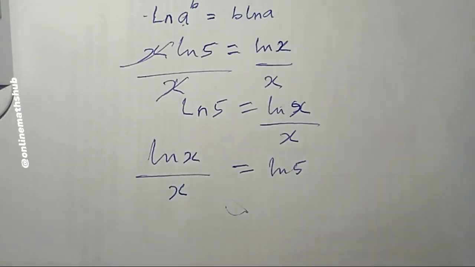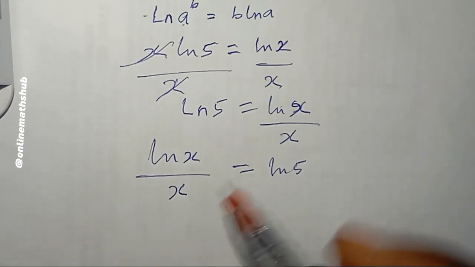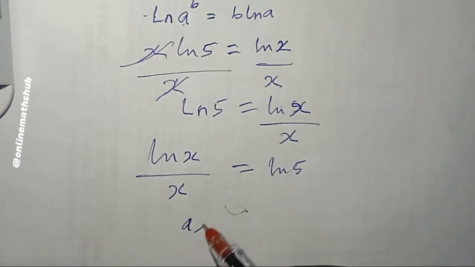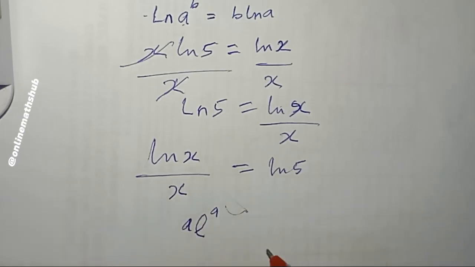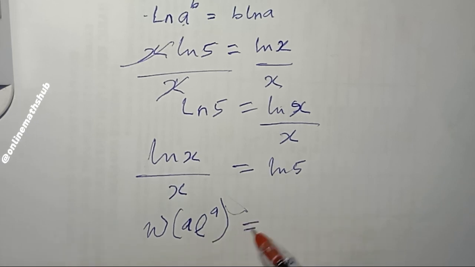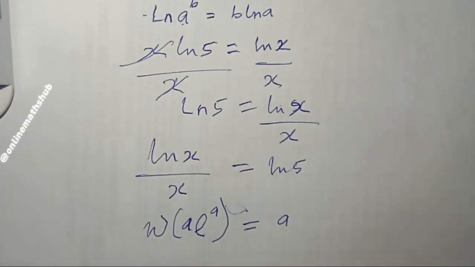Whenever we want to apply the Lambert-W function to simplify any equation, we always want our equation to be in the form a exponential a, so that when we apply the Lambert-W function, it collapses to a.